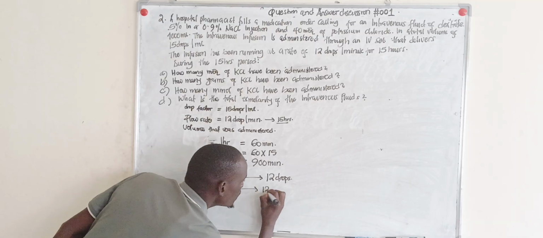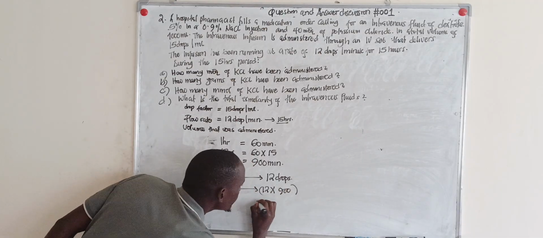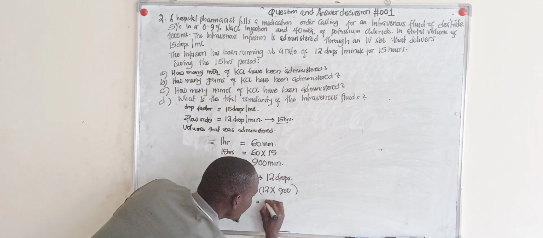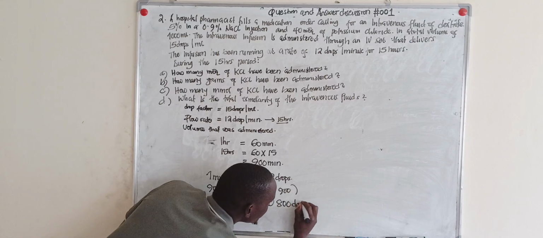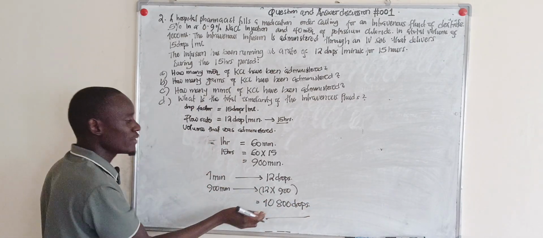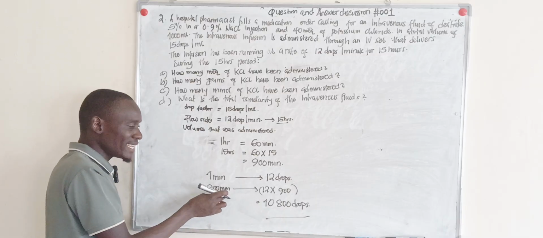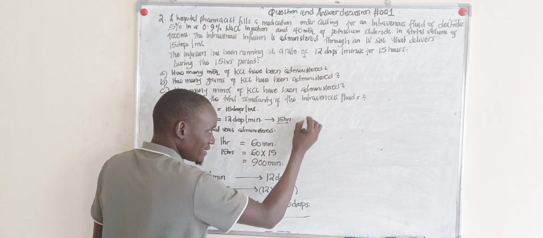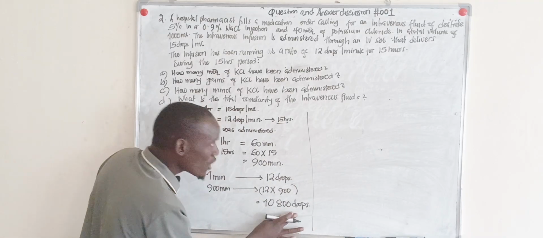It will have 12 times 900, and when we compute this, we are going to have 10,800 drops. So we have 10,800 drops in the 900 minutes, which is equivalent to 15 hours.